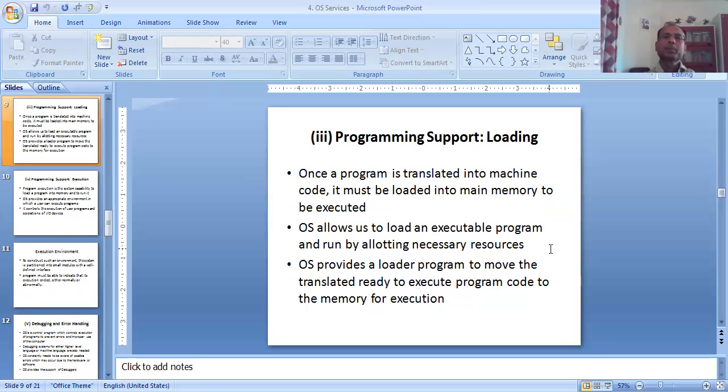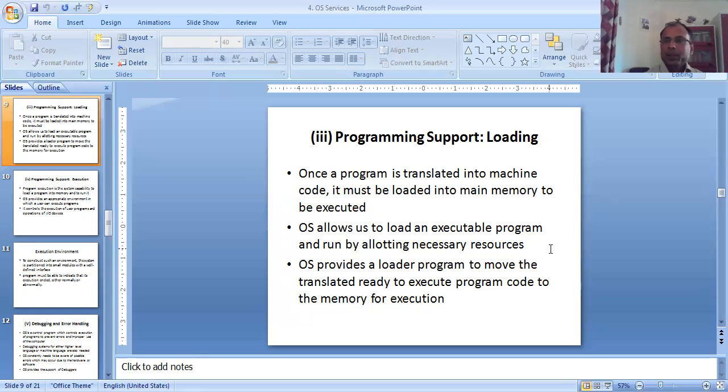Third in programming support, it will be the loading. Once the program is translated, compiled, it will be assembled together. Assembled in the sense the different libraries, utilities will be combined together by the linker software. Later I will tell you regarding the linker.